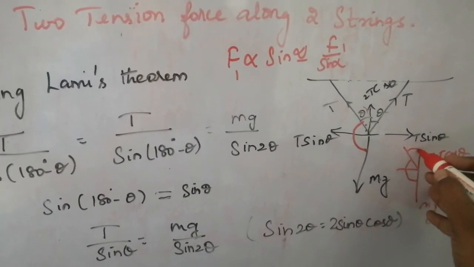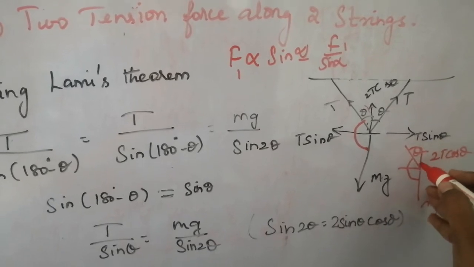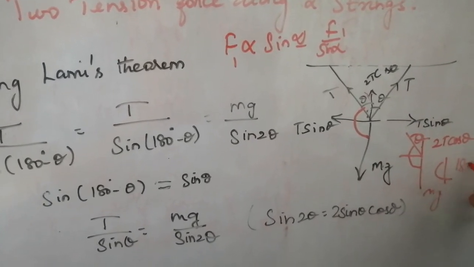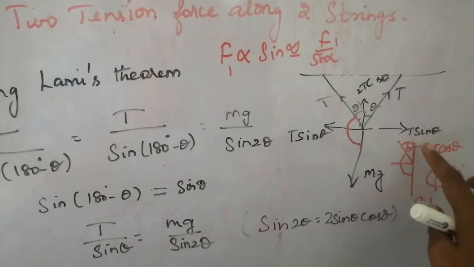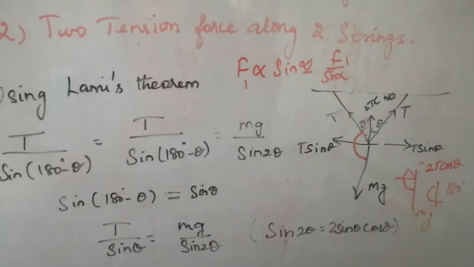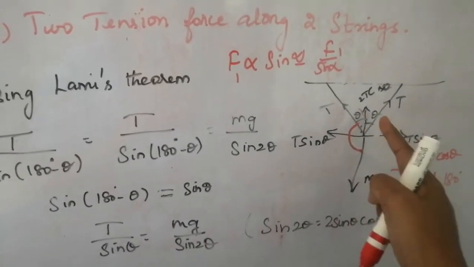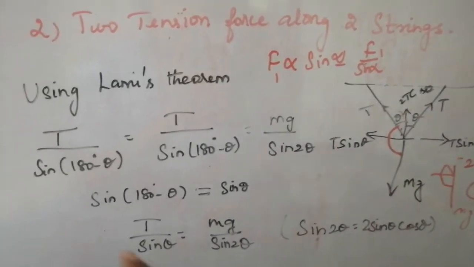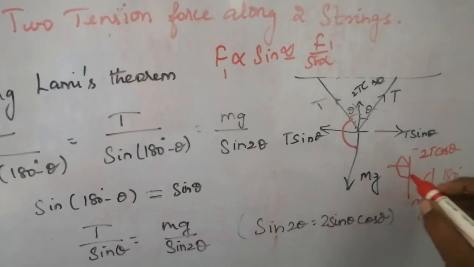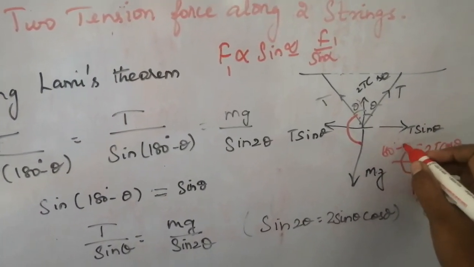You know this angle as theta, and also know that for a straight line the whole angle is 180 degrees. So from this 180 degrees, I'm going to subtract this theta, and we get this part of the angle. So it is 180 minus theta, so it is sine of the angle 180 minus theta. Can you understand? This part is 180 minus theta.